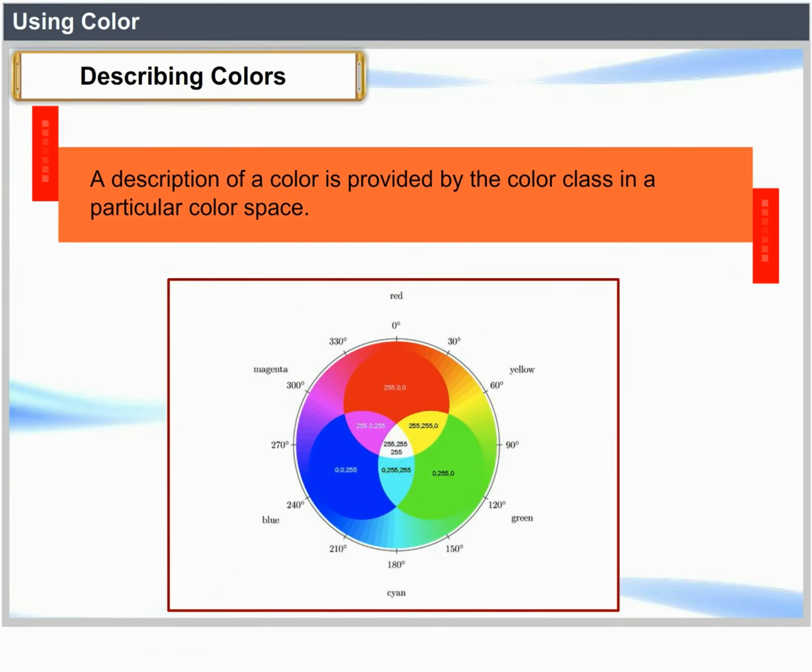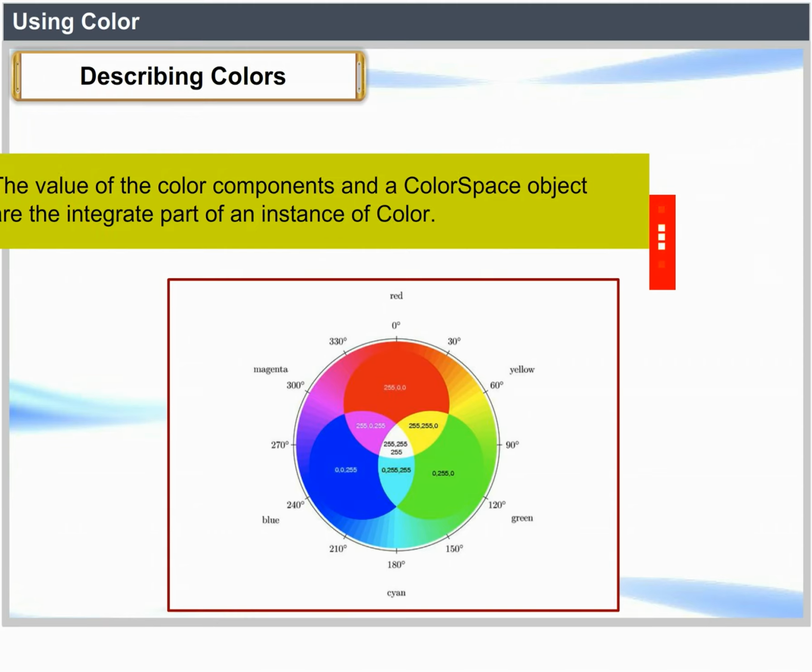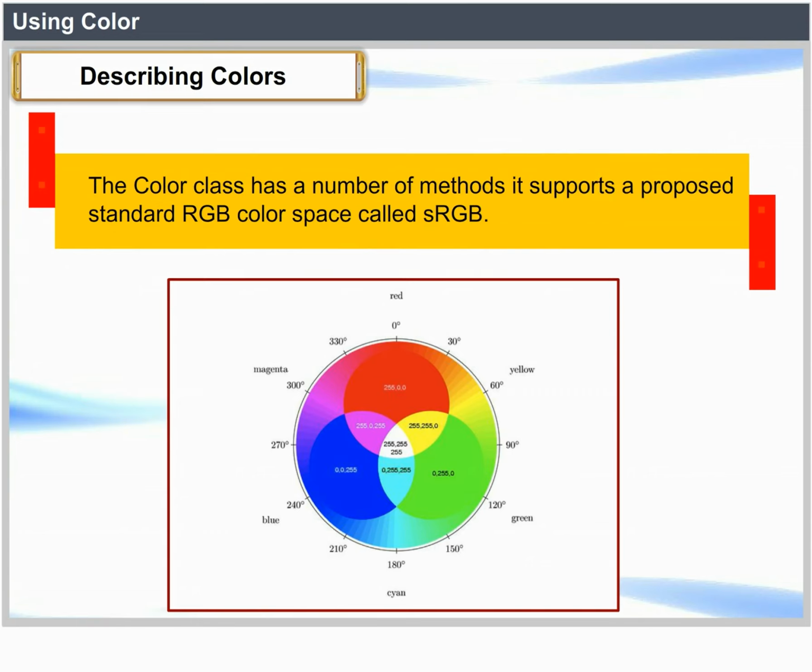Describing colors. A description of a color is provided by the Color class in a particular color space. The value of the color components and a ColorSpace object are the integral part of an instance of Color. The Color class has a number of methods. It supports a proposed standard RGB color space called sRGB.